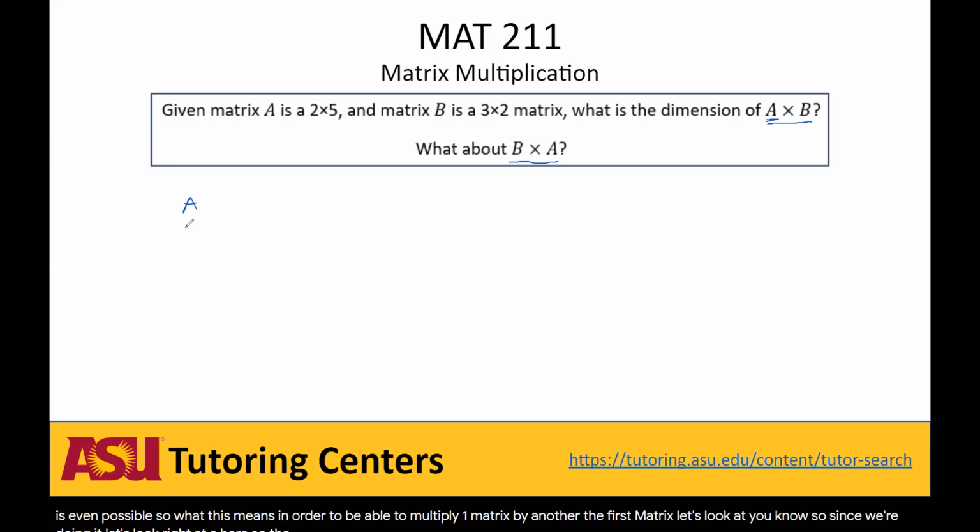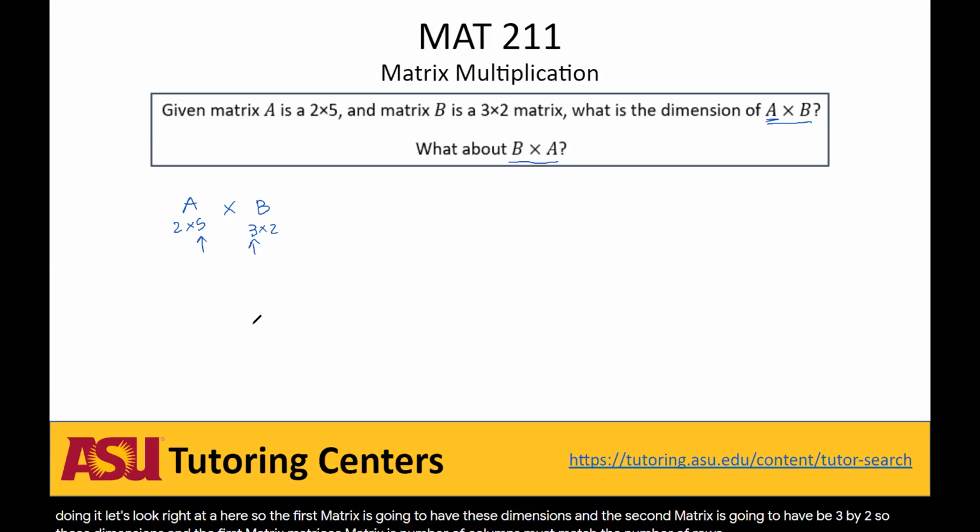The first matrix is going to have these dimensions, and the second matrix is going to be 3 by 2, so these dimensions. And the first matrix's number of columns must match the number of rows in the second matrix.